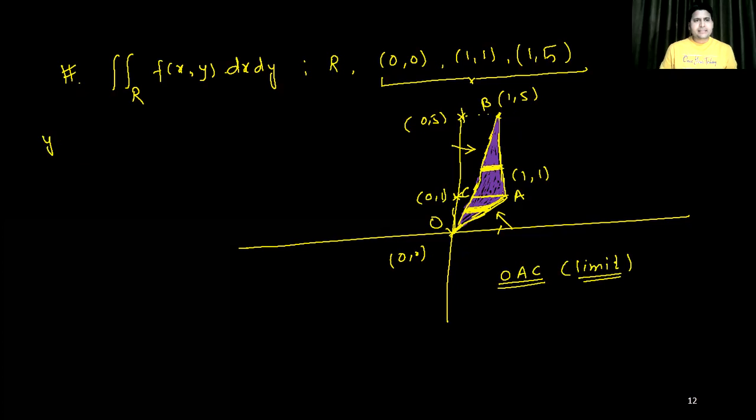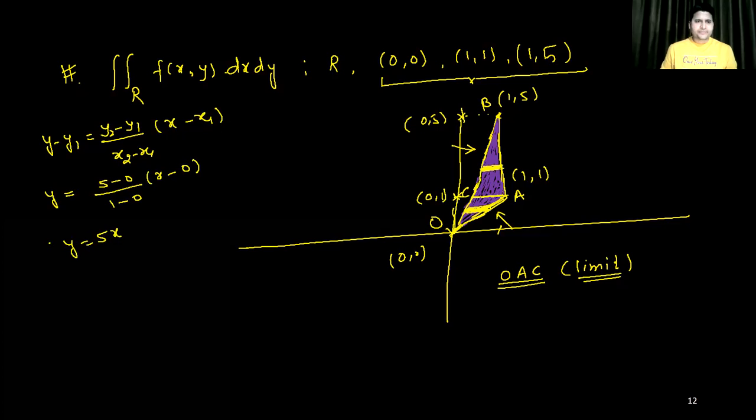We have y minus y1 equals (y2 minus y1) upon (x2 minus x1) into (x minus x1). So y1 will be 0, y2 will be 5, so y equals (5 minus 0) upon (1 minus 0) into (x minus 0). So y equals 5x. The name of this curve is y equals 5x.